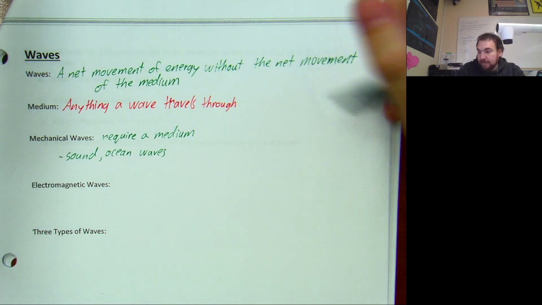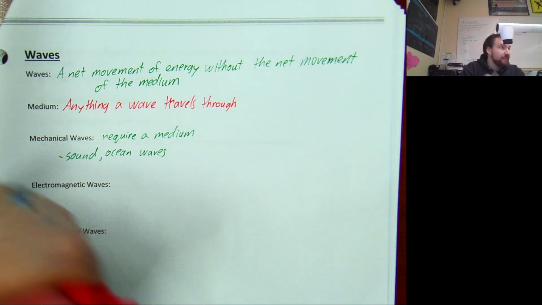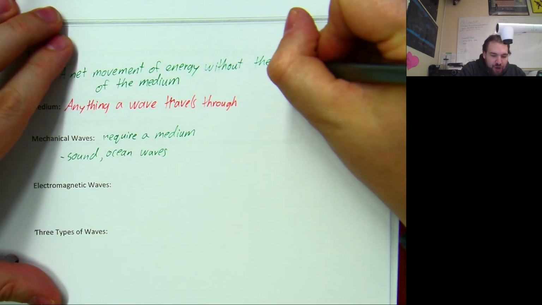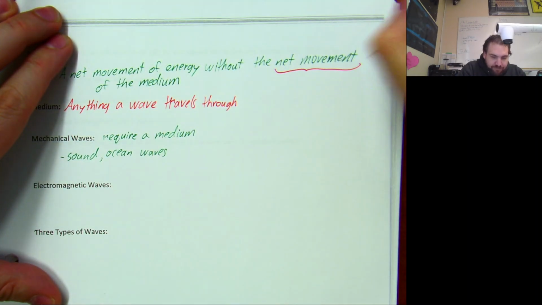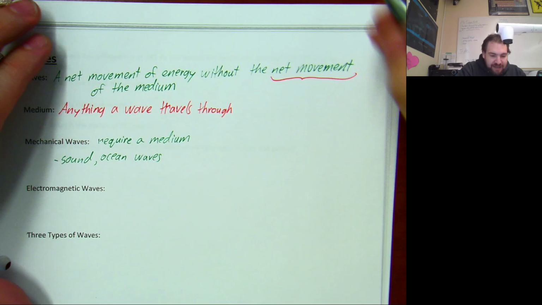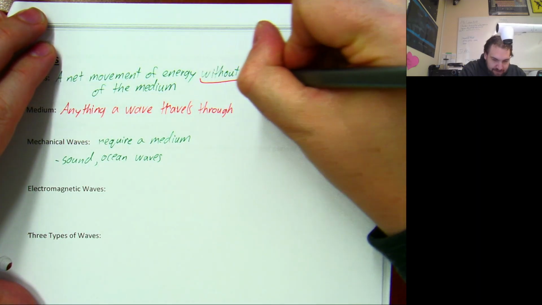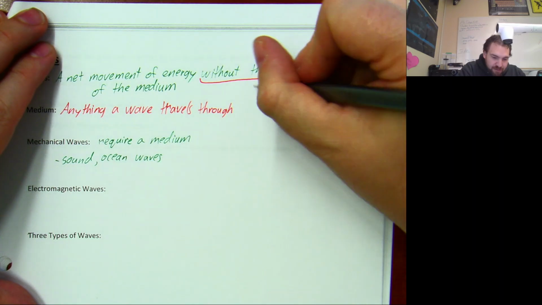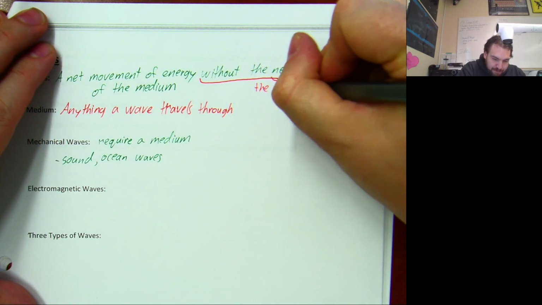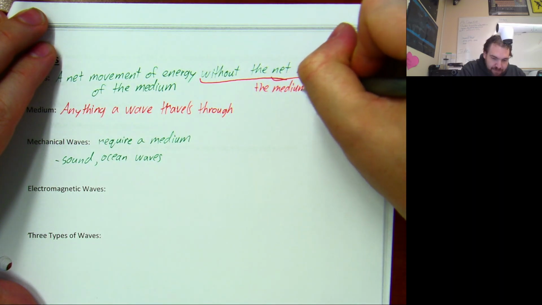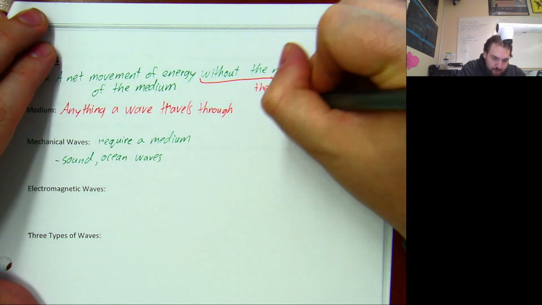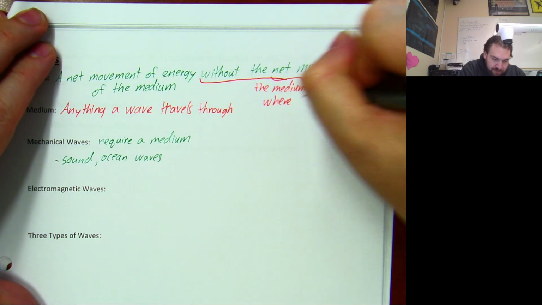Well, net is the difference of, so like the high is similar to low. Right. So if there's no net movement, actually I'll go all the way back to the beginning here. Without net movement means the medium returns to where it started.